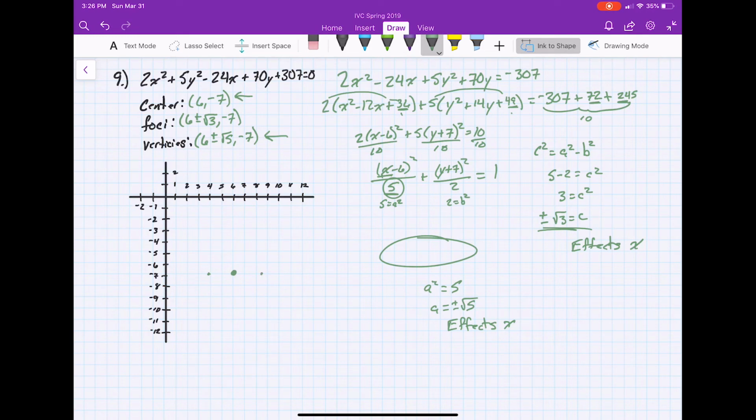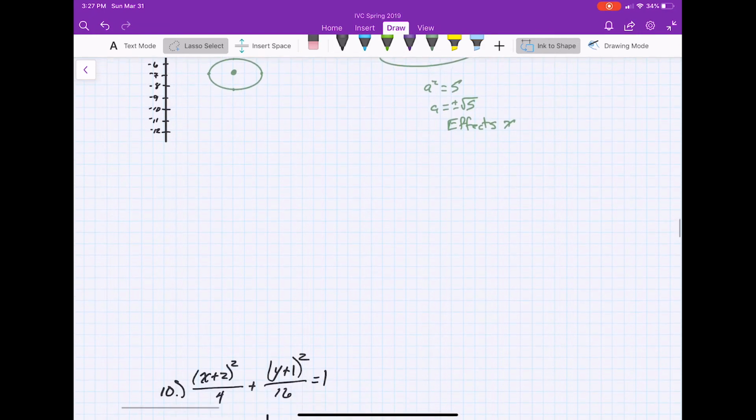We don't need to plot our foci, but we need to know what that a is so we can plot these two. It's going to be somewhere right around there. So now we have an oval. Remember, our value was plus or minus square root of 3, so we would do 2 times the square root of 3 to get that full distance. So half of that up and down.